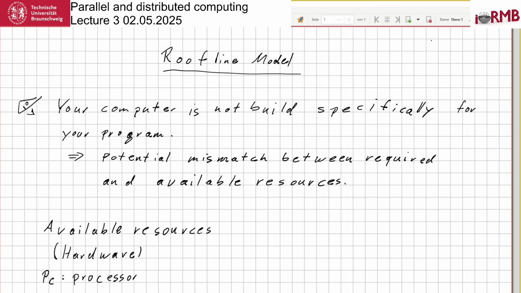And this is the number, so I use this hash. The hash operator is always the number of something. It's the number of operations per second.